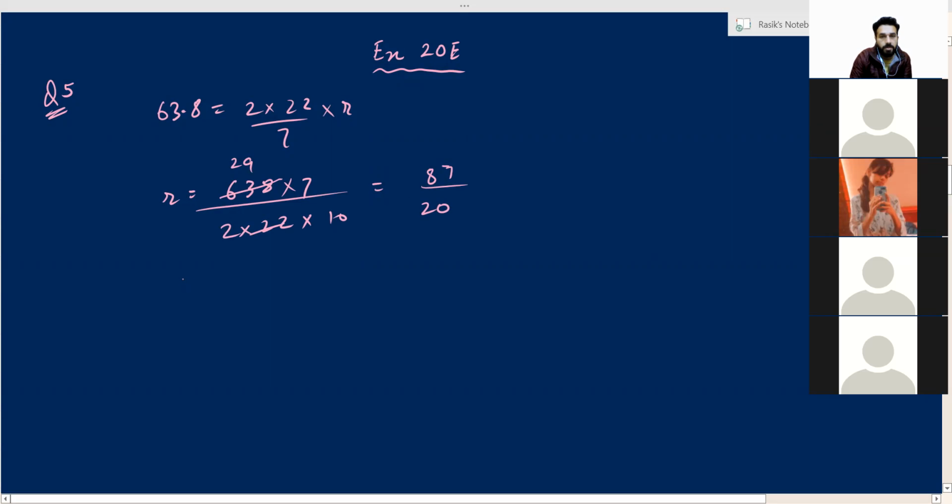Now to find the diameter, you will multiply the radius by 2. 87 upon 20 into 2.